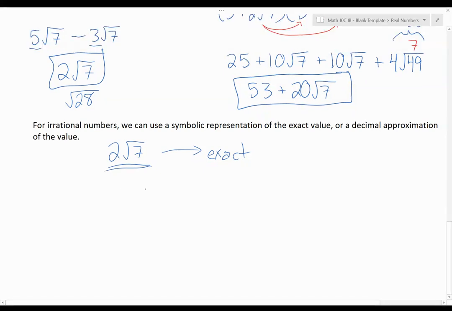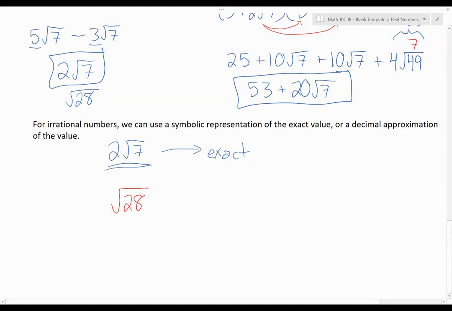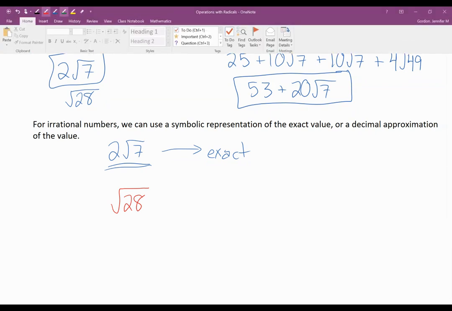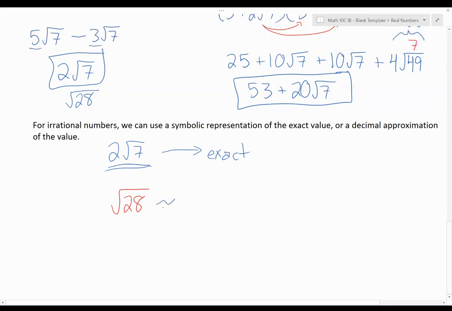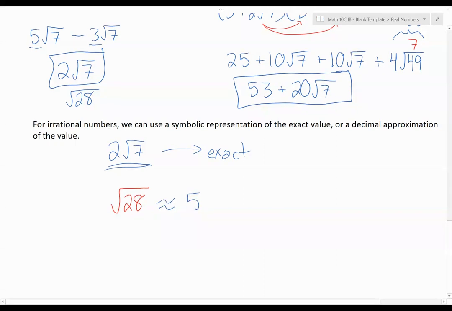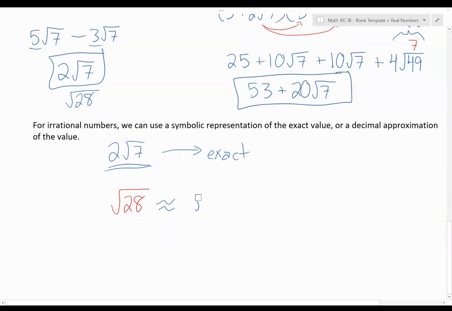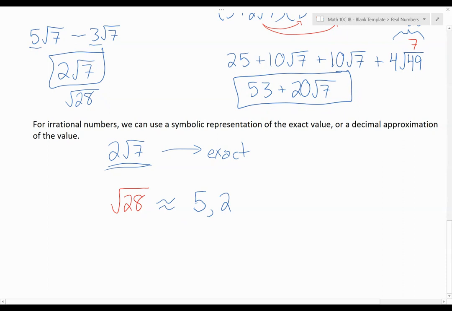So if I consider that 2 root 7 is equivalent to root 28, it's a little bit easier to estimate the value of root 28. So root 28 is going to be a little bit bigger than 5 because the square root of 25 is 5. But the square root of 36 is 6, so we're ways away from that. So I'm going to approximate it and say, you know what, that's probably about 5.2.